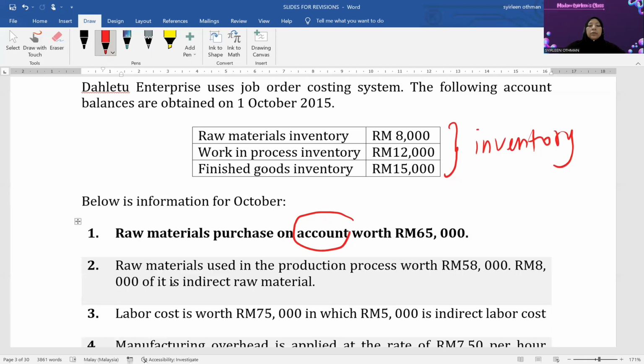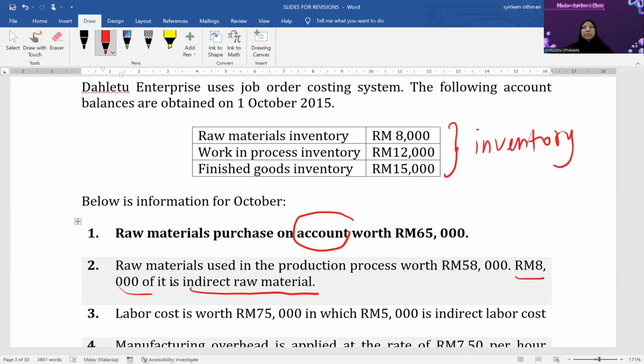The raw material used in the production process is worth 58,000, whereas 8,000 of it is indirect raw material. So both are actually from raw materials inventory. It's just that 50,000 is your direct material, which means the item was allocated in the production from the very beginning.